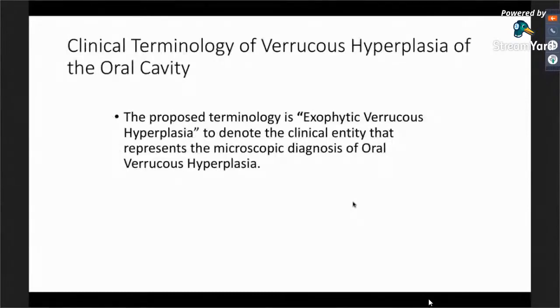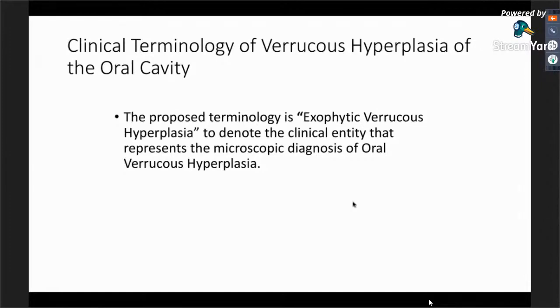And a clinical terminology for verrucous hyperplasia of the oral cavity was then given, which our proposed one was exophytic verrucous hyperplasia, to denote the clinical entity that represents a microscopic diagnosis of oral verrucous hyperplasia.